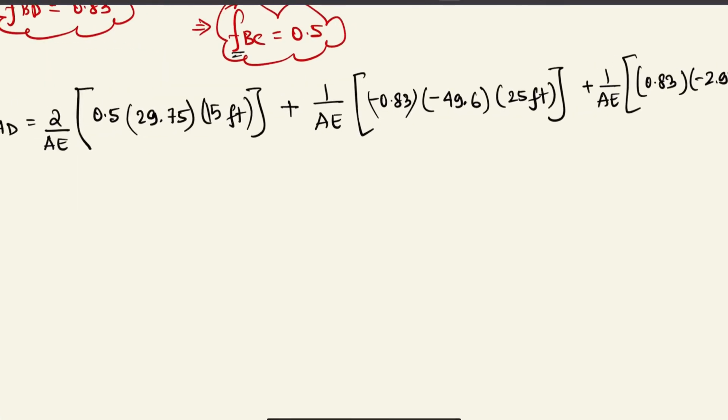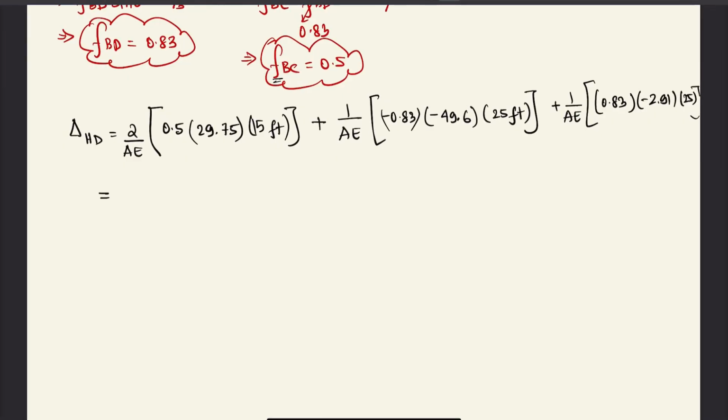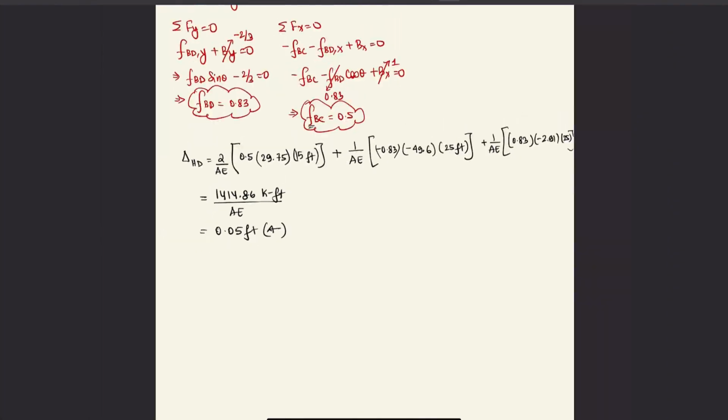And then if you sum them all together, you will get 1414.86 kips-feet over AE, and for AE we have defined the value. If you put in the value, it is 0.5 feet, and because it is positive, that means it agrees with our assumed direction of deflection.